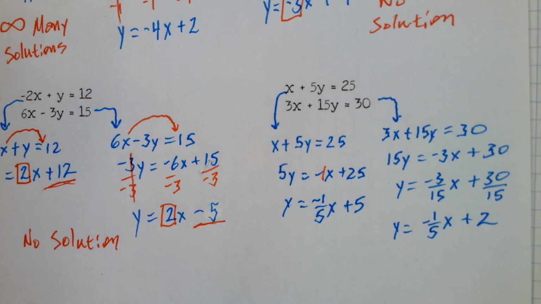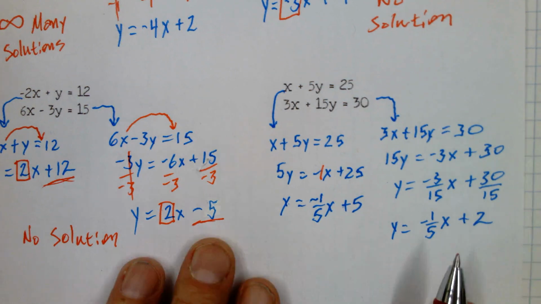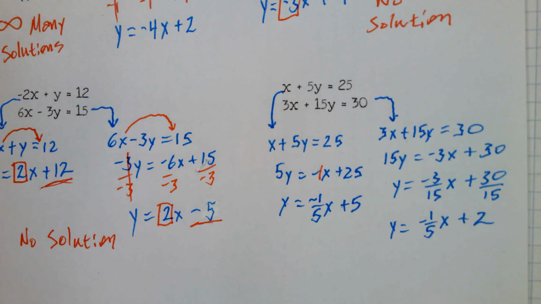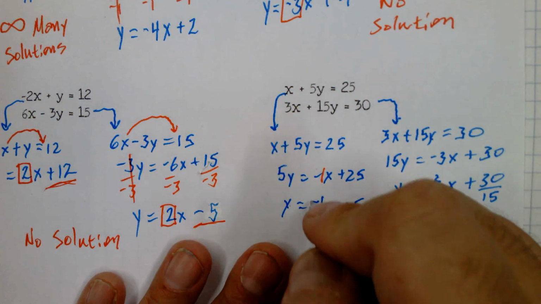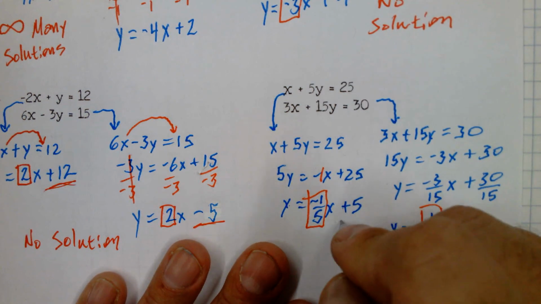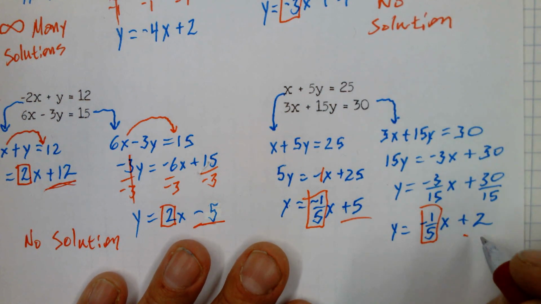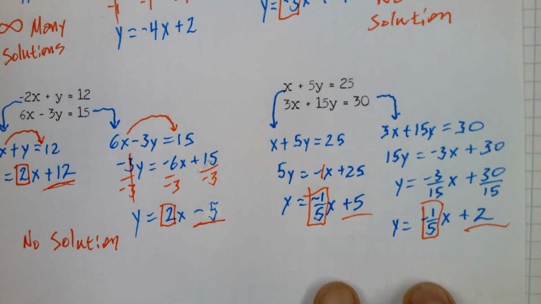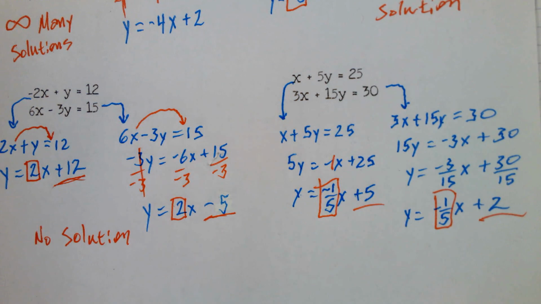Two equations, and I'd like you to look at what we have. Which situation is this? One solution, no solution, infinitely many. Focus on the slopes. Yeah. The slopes are the same, so it's either no solution or infinitely many.